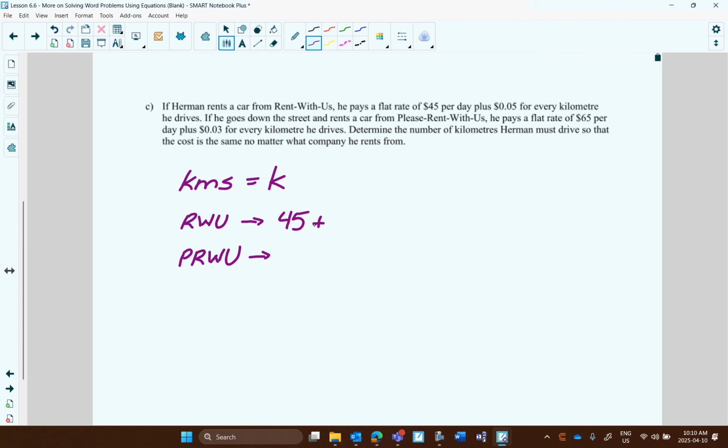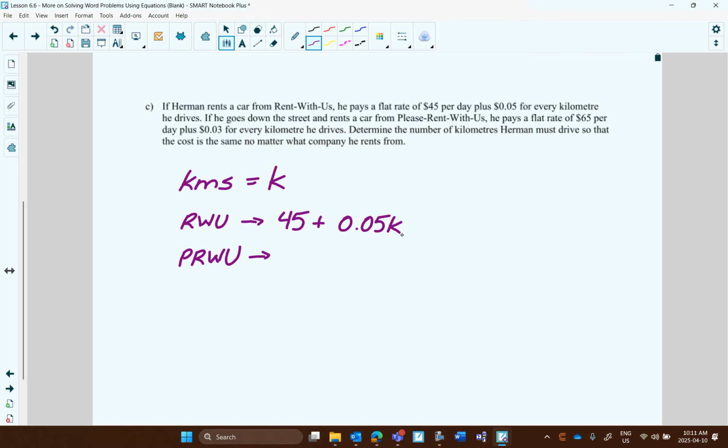Plus 5 cents for every kilometer. 5 cents for every K, which would be 0.05 times K. That's how you calculate the cost for the kilometers he drives. We have to add 45 bucks because he has to pay that regardless. And that's an expression for the total cost from that company.